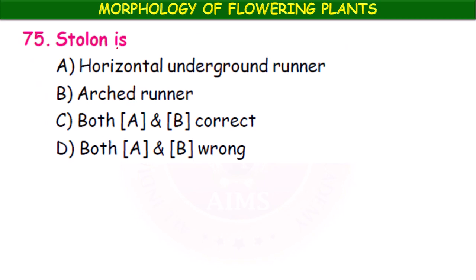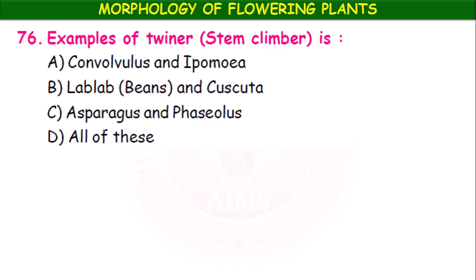Next, stolon is a horizontal underground runner, and an arched runner. Both are correct. Examples of twiner stem climber: beans, convolvulus, ipomoea, asparagus, phaseolus, all are climbers only.